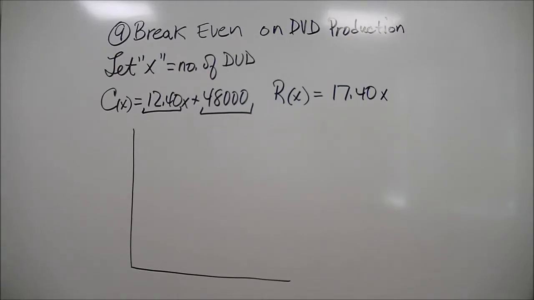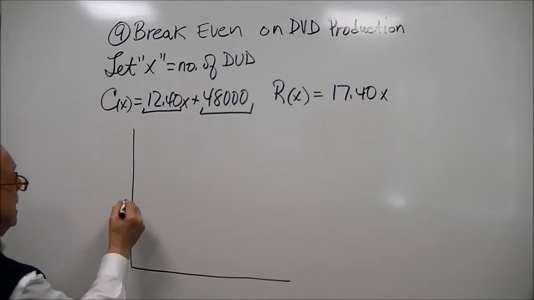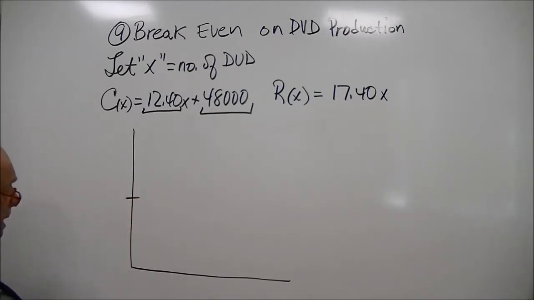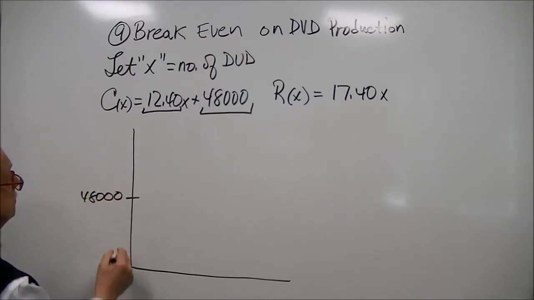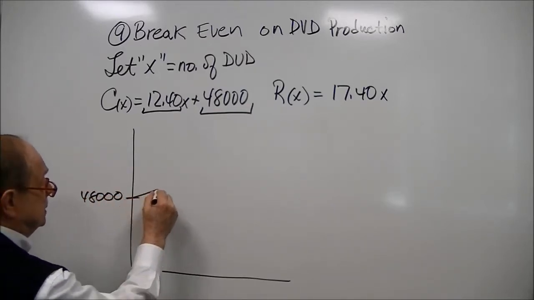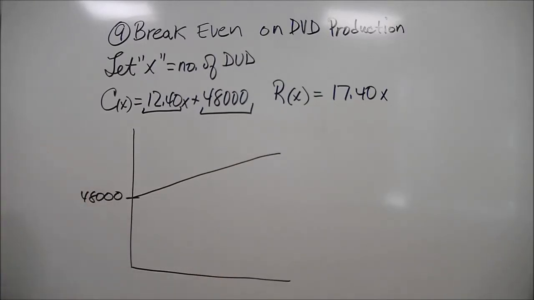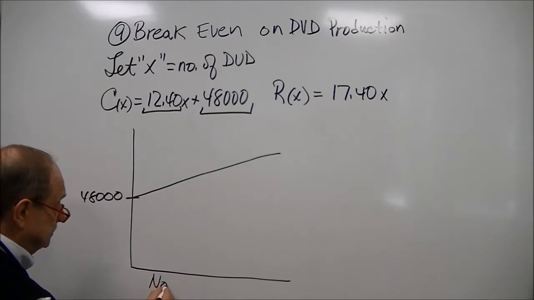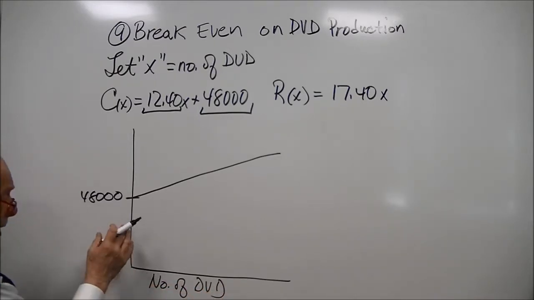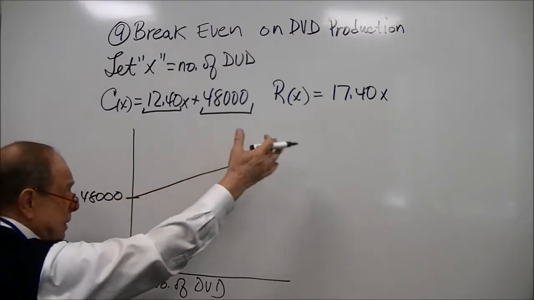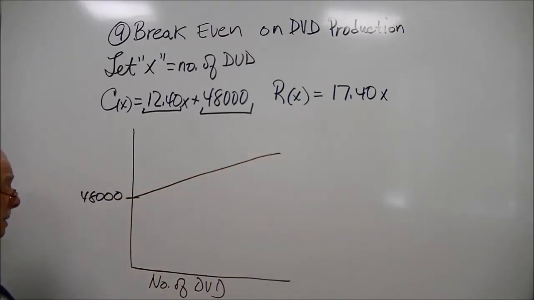Now I'm looking at some type of graph here, where this is my 48,000 startup cost. As I increase the number of DVDs down here, my costs are going to increase because I'm making them, and then I'm going to sell them.